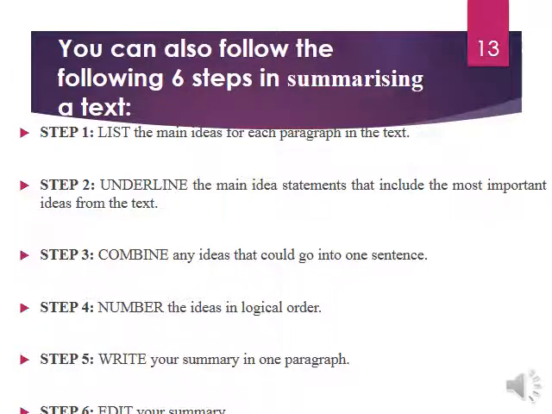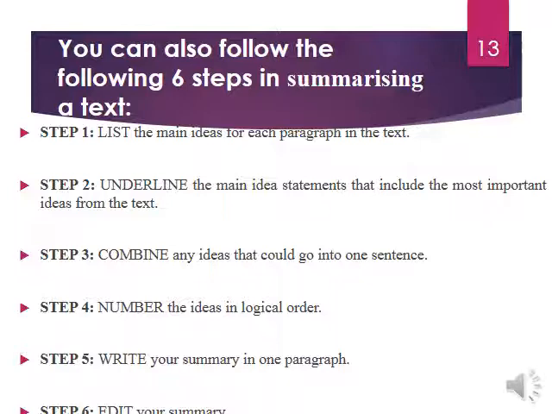You can also follow the following six steps in summarizing a text. Step number one, list the main ideas for each paragraph in the text. As I explained in the previous slide, you might come across 10 paragraphs, so it is important to itemize or list the main ideas for each paragraph.